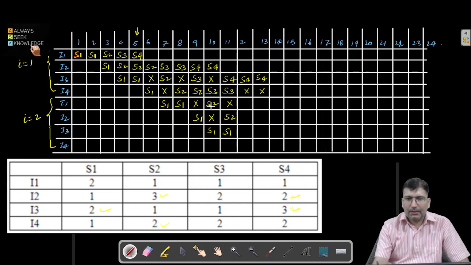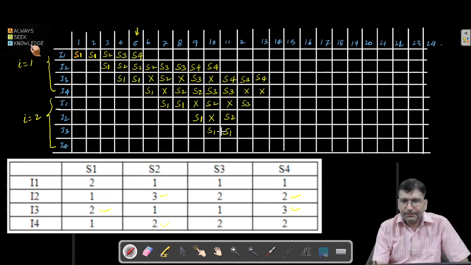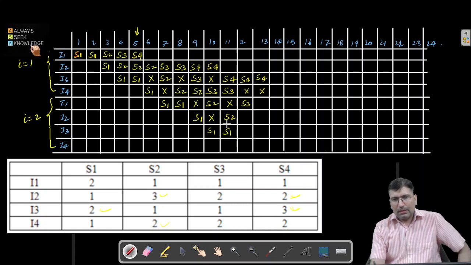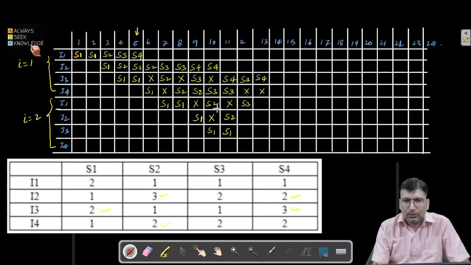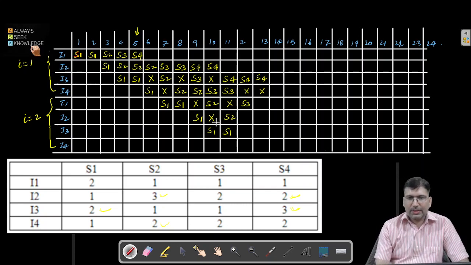But here, this I1 can be shifted from S2 to S3, right? So once it has been shifted from S2 to S3, I2 in S2 requires 3 machine cycles. It will still be in S2 and here also it will be in S2.